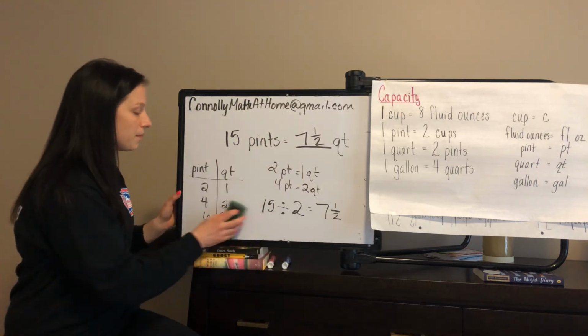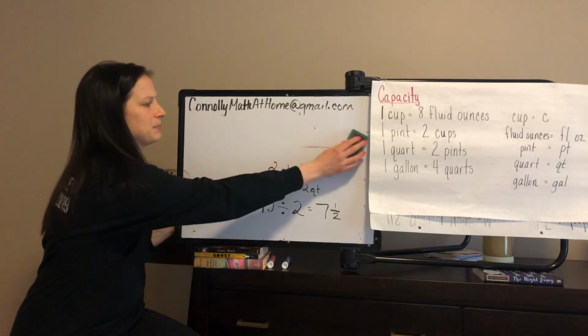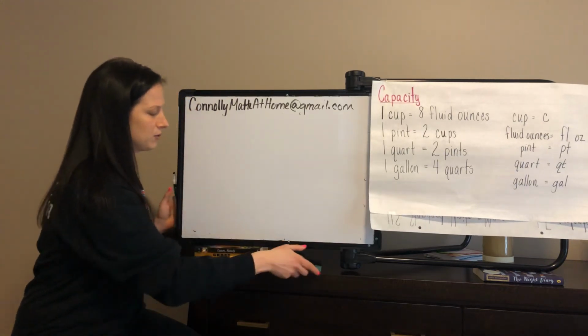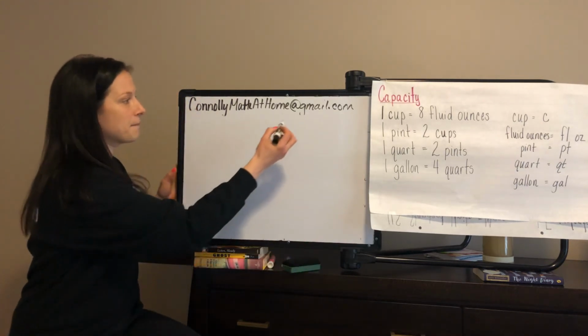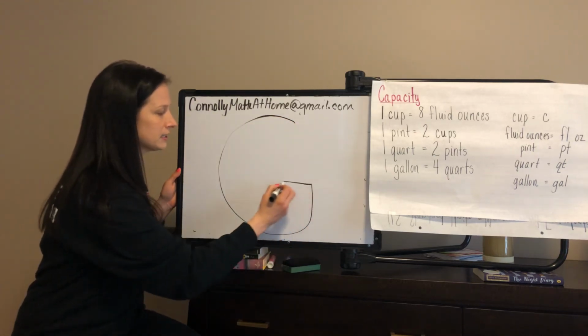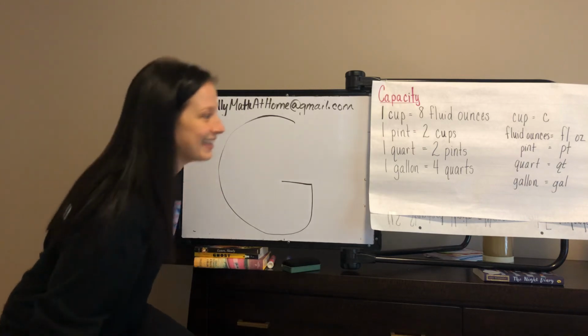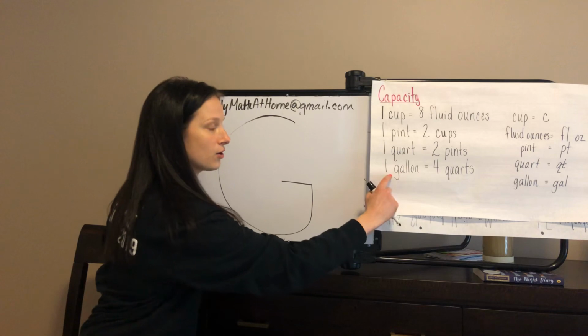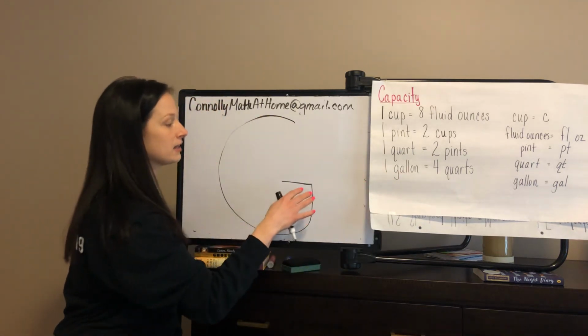So let's talk about, I learned this one time, I always have to think about it, but if you want, I don't know if it's going to be helpful, but in the land of the gallon, okay, in the land of the gallon, there was 4 queens, okay, so in 1 gallon, there's 4 quarts.